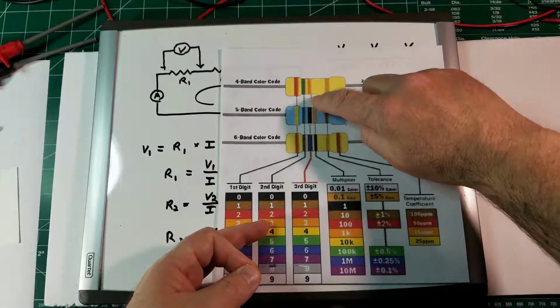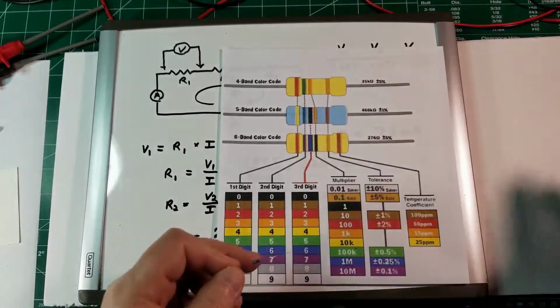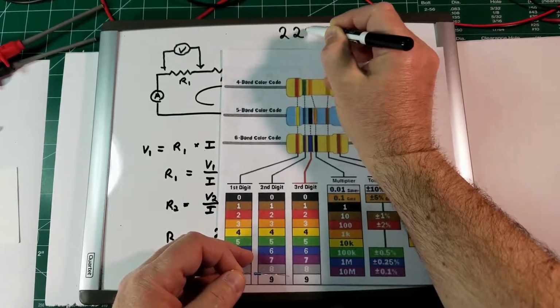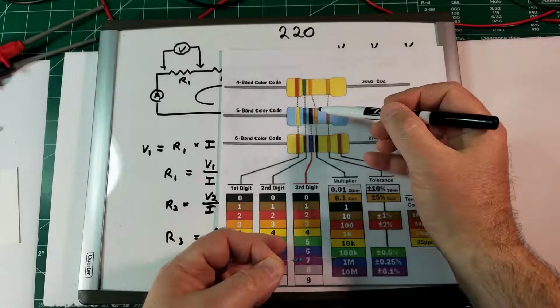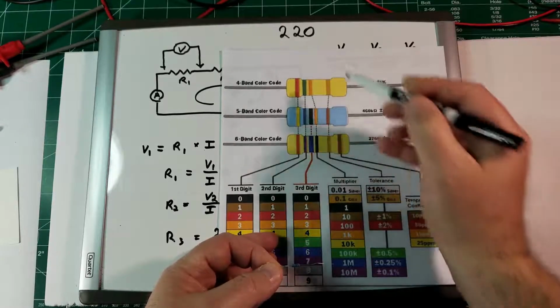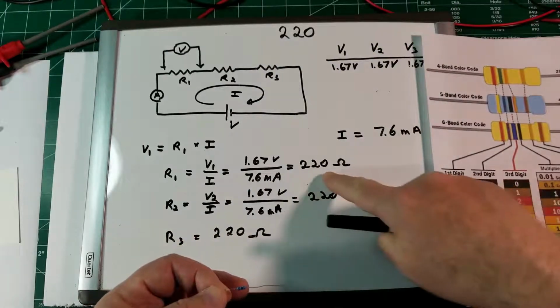The black on the third column means 0, so 2, 2, 0. Let me write it down here. We have 2, 2, 0. And then the fourth band is another black, which means multiplied by 1. So the number is 220, which is exactly the value that we calculated.